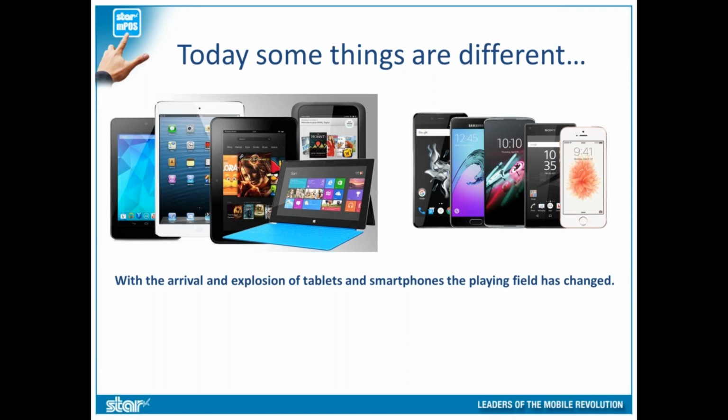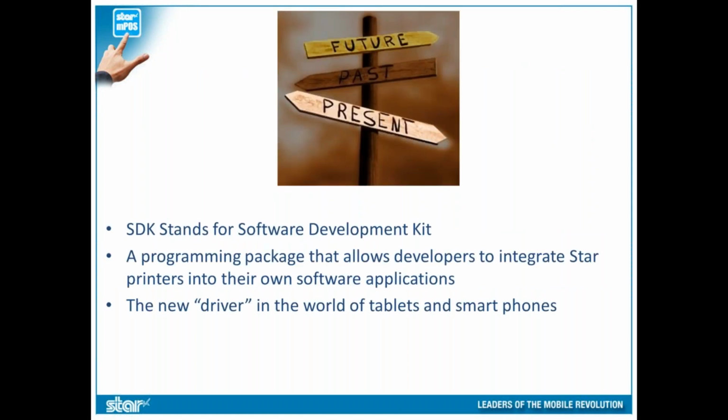Obviously, tablets and smartphones have pretty much exploded onto the scene, and this has changed the dynamic, the playing field, if you want to say, to how applications are created and how they're run by us every day of the week. So where are we today? Today we're at a threshold where, with all these smartphones and tablets and even traditional printing, programmers are using what is called an SDK.